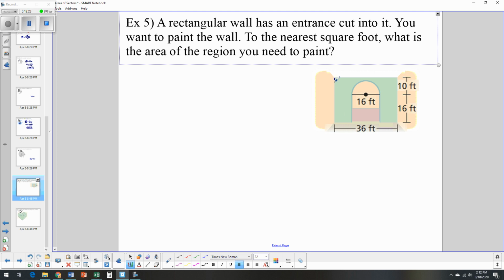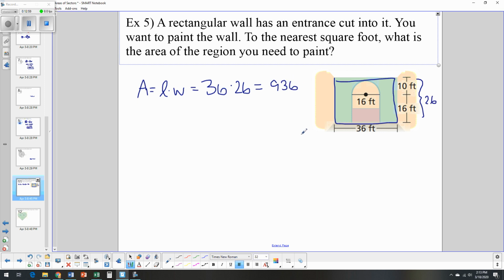So we do have this big rectangle here that has dimensions of 36 by, together, 26. So I can find the area of the entire wall, even if I did have that space there, by doing 36 times 26, right? Area is length times width of a rectangle. And for that, we will get 936.